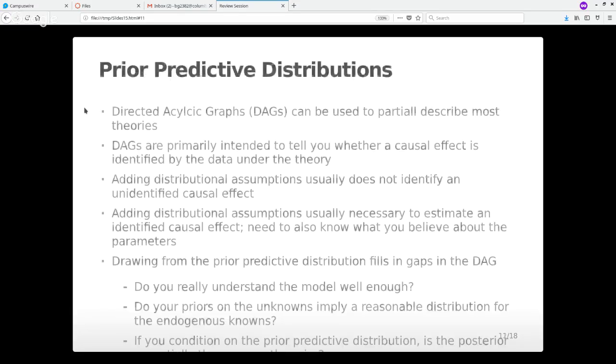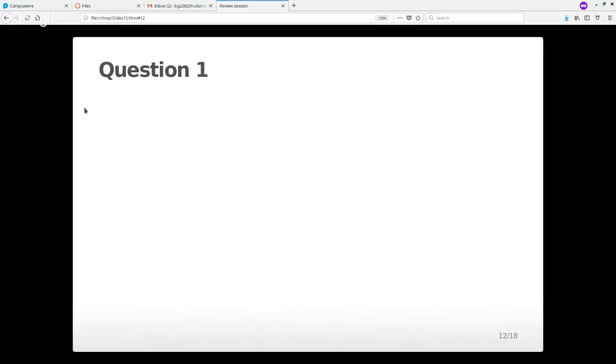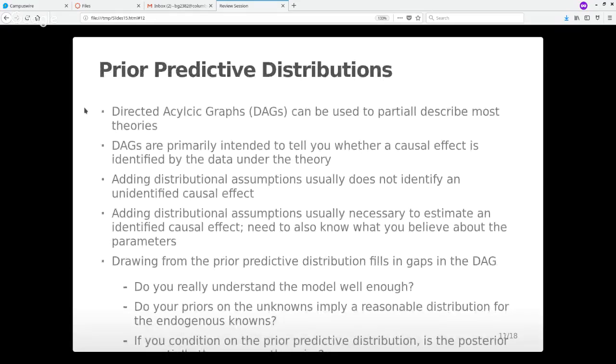Okay, so I put some review questions from last year's final up on CampusWire, actually several weeks back, so hopefully everybody has seen those. But before we jump into those, are there questions about big picture things from the semester?